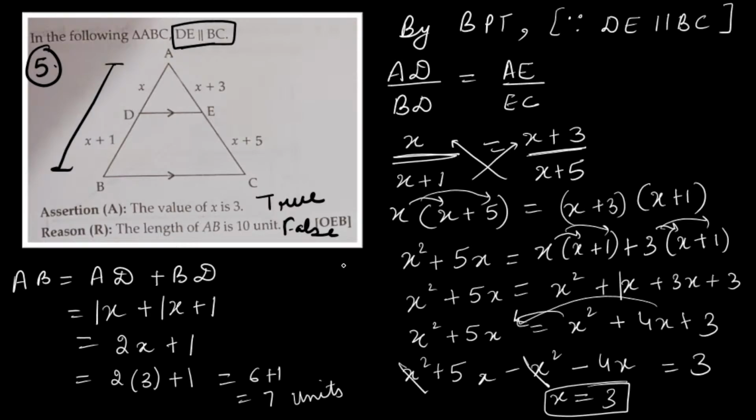AB is equal to 7 units. So A is true, R is false. Which option is this? I think it's option A.